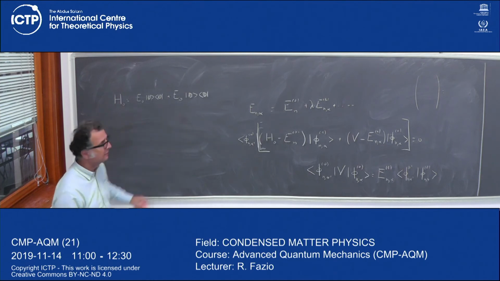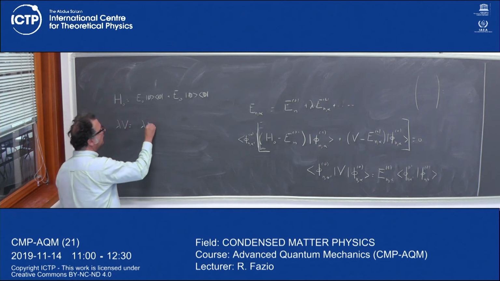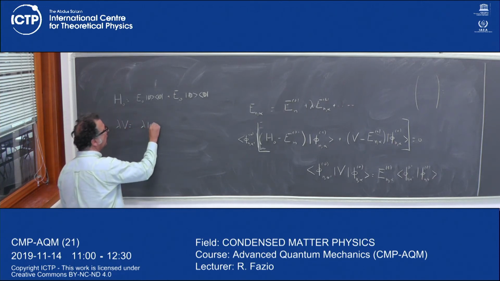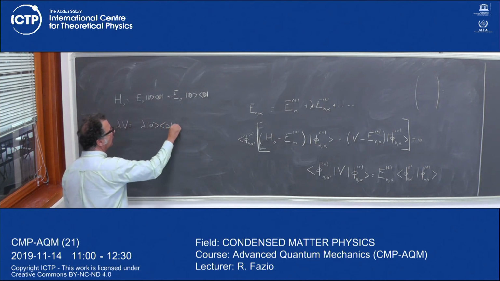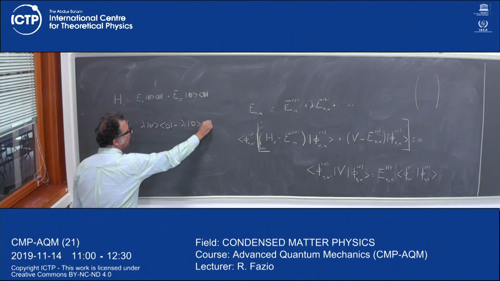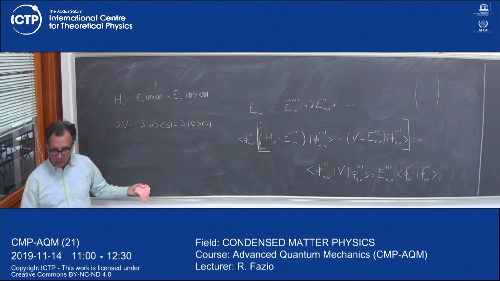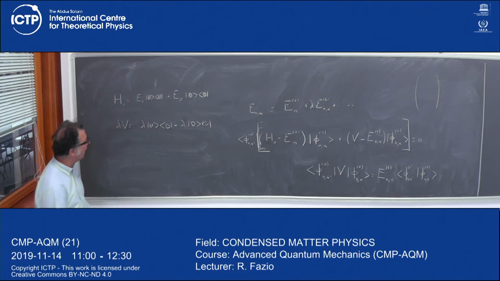Then I just add lambda V, which is lambda times |0, up, down> plus lambda |down, up>.